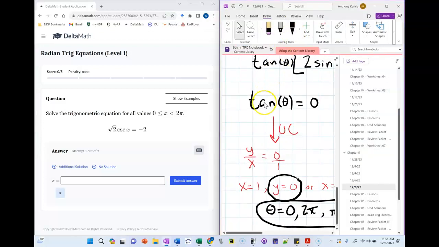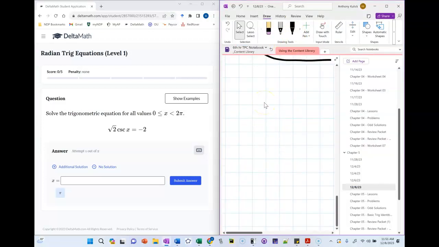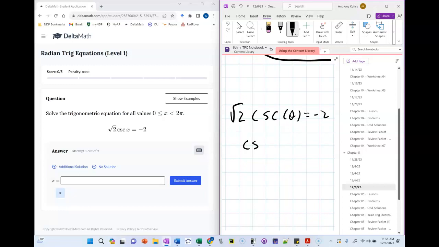So if I have something like root 2 cosecant theta equals -2. What would I do first? Yeah, I'm going to just divide by root 2.